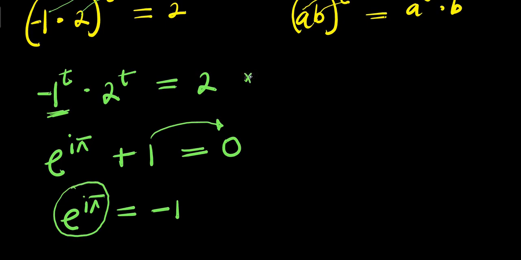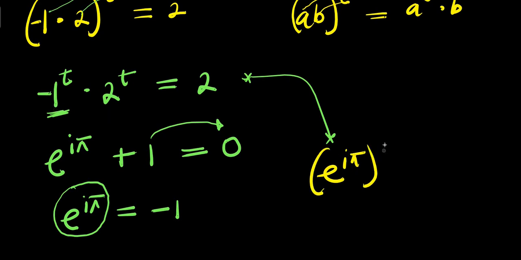So this equation becomes e to the power of i times pi, that is because of the negative 1, raised to the power of t times 2 to the power t, and this equals 2.